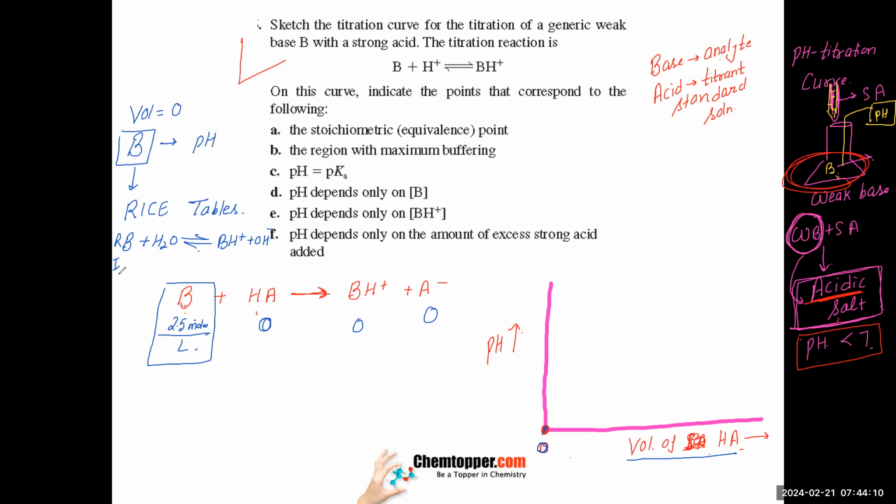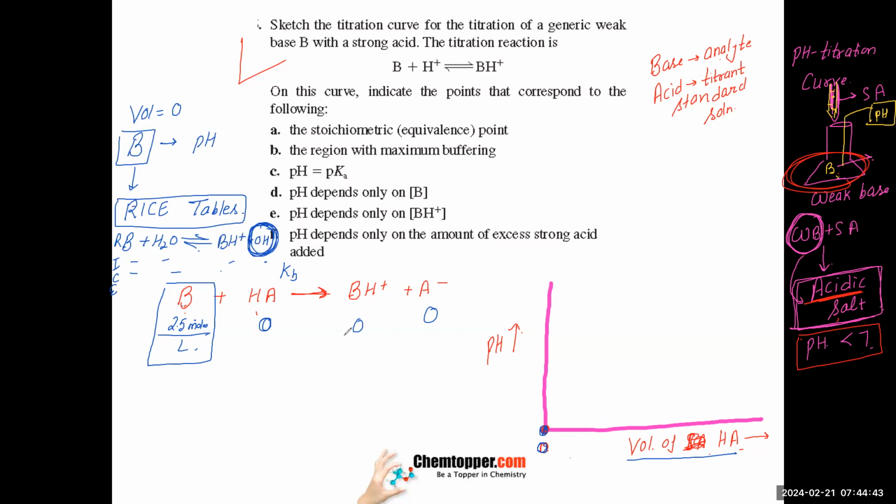Then initial, change, equilibrium, plug in the values. Take the Kb. Kb will be given to you. Use that Kb expression to calculate the OH-. From the OH-, get the pH. So initially, at this point, the pH is determined by the weak base because it is the only one present. And it's a weak base, so we need a RICE table. And we need the Kb value that will be given to you.